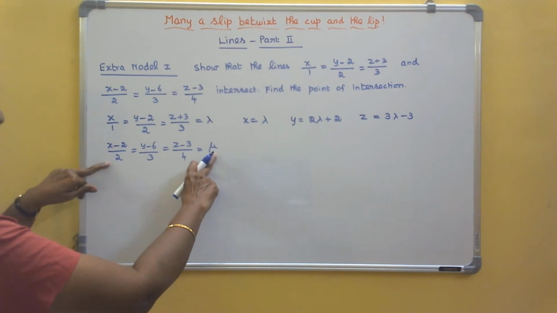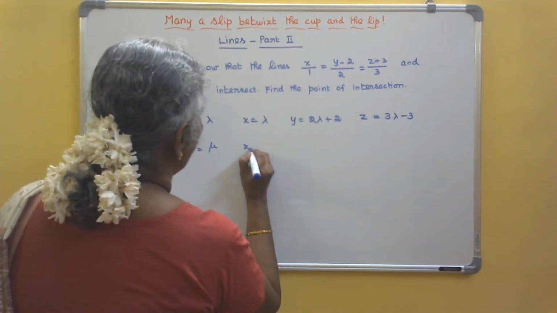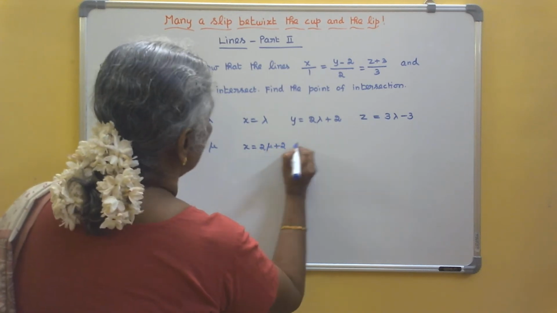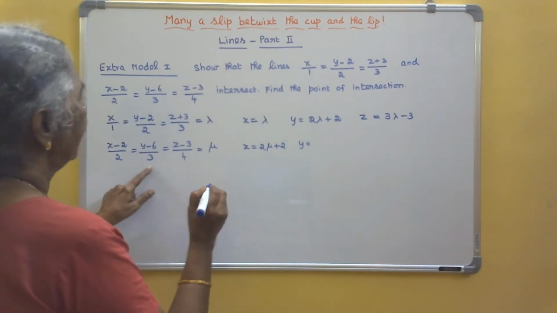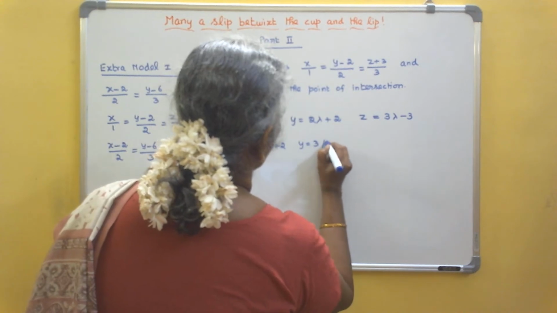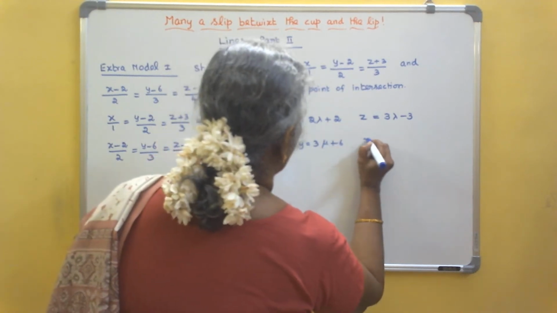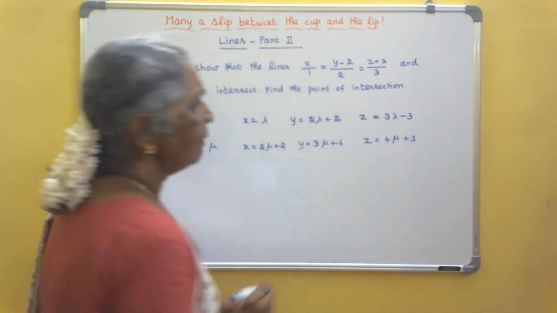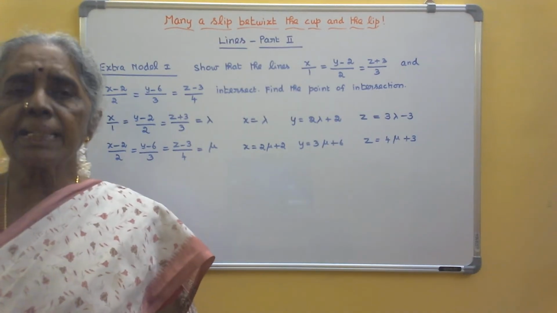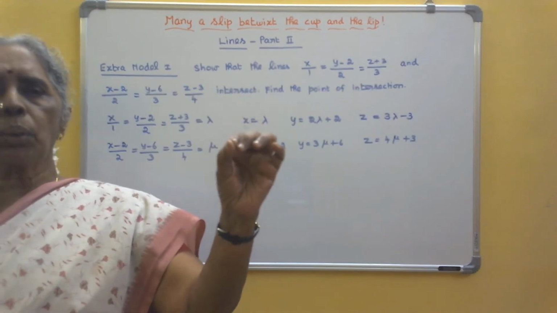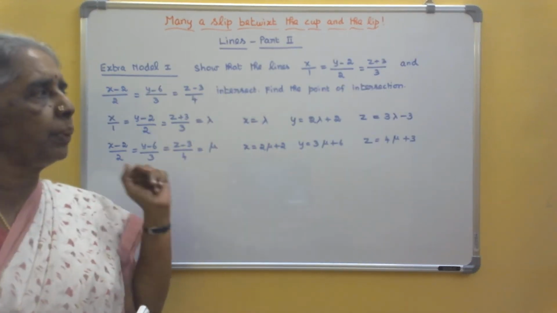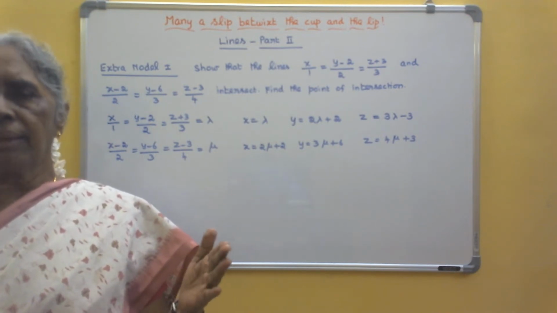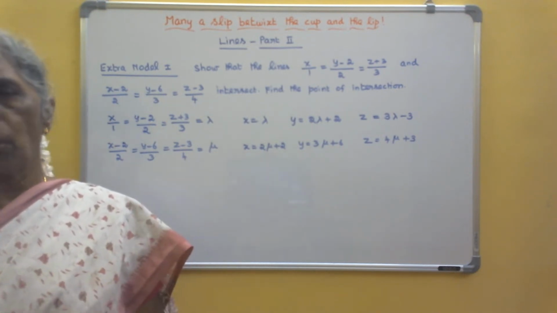If you take these, the x coordinate will be 2 mu + 2, the y will be 3 mu + 6, and z will be 4 mu + 3. So what we have done is equate each line to some constant, lambda and mu, and found the three coordinates x, y and z that a general point will have.